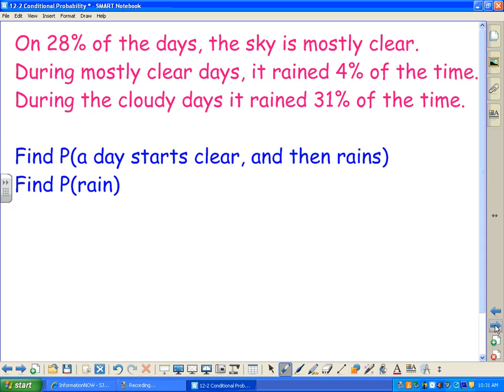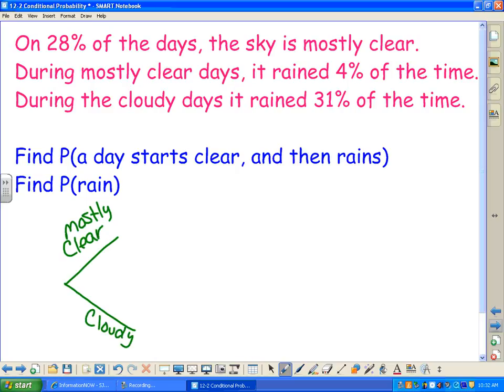One more. Okay. It says, on 28% of the days, the sky is mostly clear. During mostly clear days, it rained 4% of the time. During cloudy days, it rained 31% of the time. Okay, so what do you think our two branches are going to start off to be? Okay, mostly clear and cloudy.